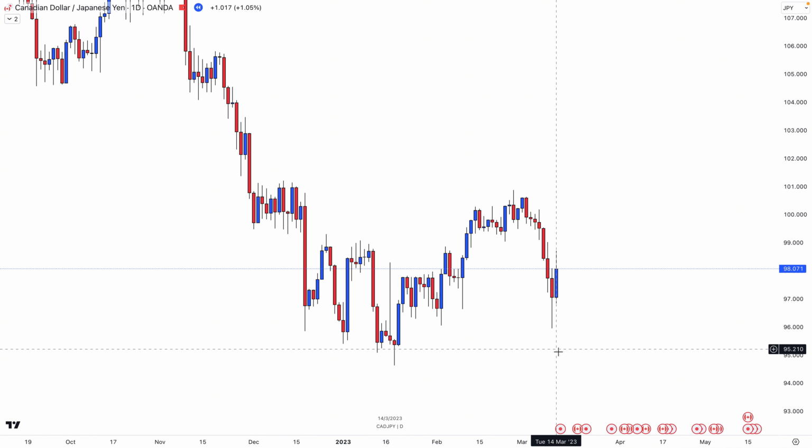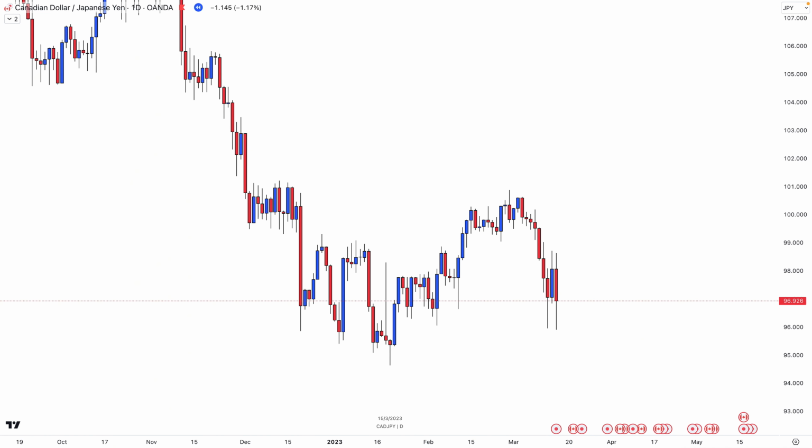Let's see the next day, 15th March, let's see if this candle closed bullish for us to trade on the following day. If you go to the following day, you can see this candle actually closed bullish, so it makes this day valid for us to trade, which is Wednesday 15th March.